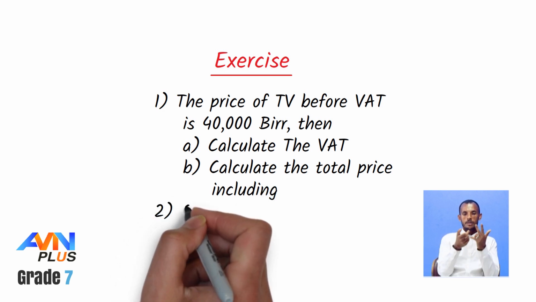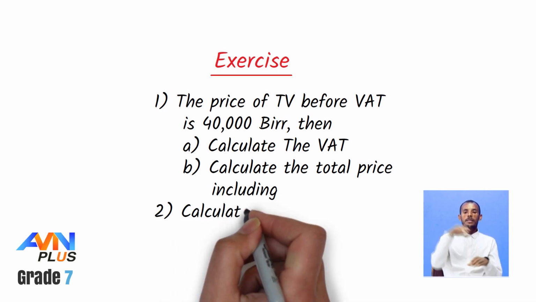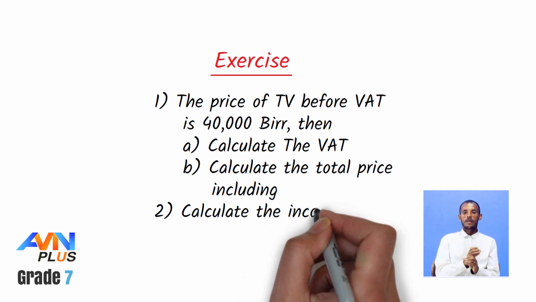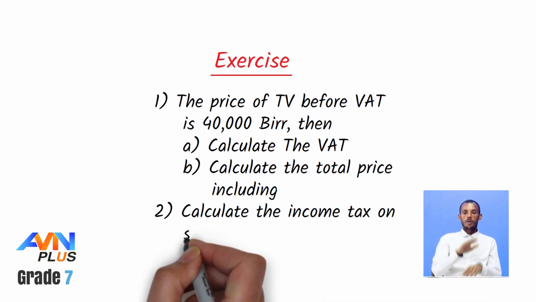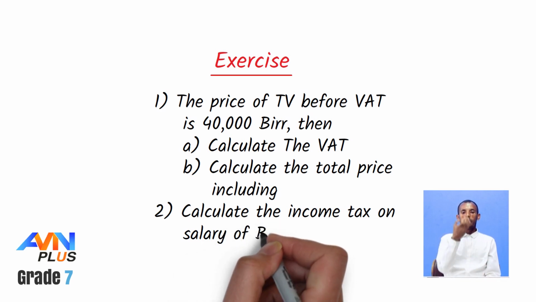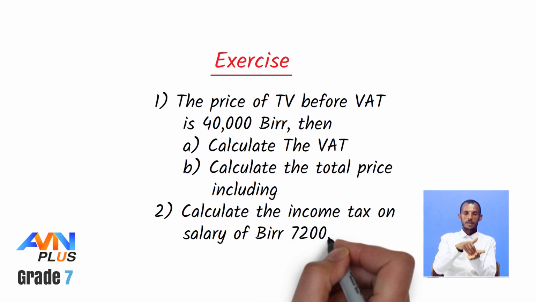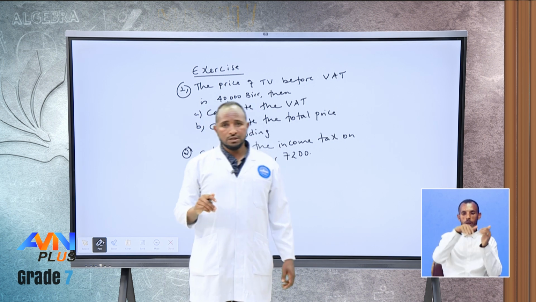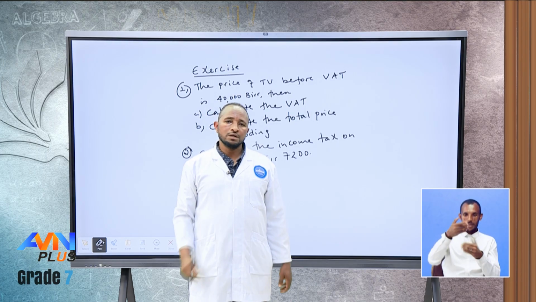Second question, calculate the income tax on a salary of 7,200 birr. So this is all about today's lesson. I'll give you 1 minute to copy the question. Until next lesson, goodbye.